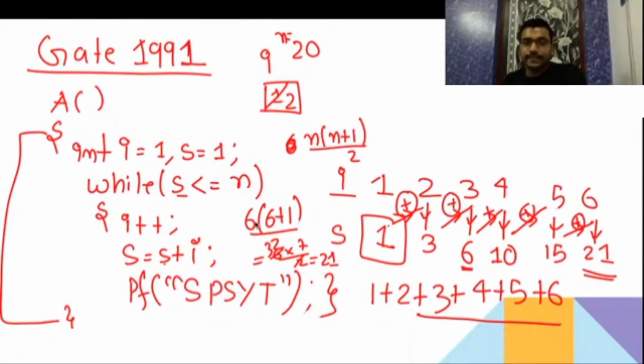So first we have to find what that program is doing. It is finding the sum. If you have been given some number n, it is finding the sum of the natural numbers, and if the sum of the natural numbers is greater than n, then it will go out of the loop.